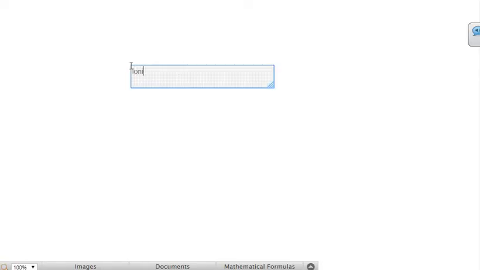So ionic bond is formed when an atom completely transfers the electron to another atom.